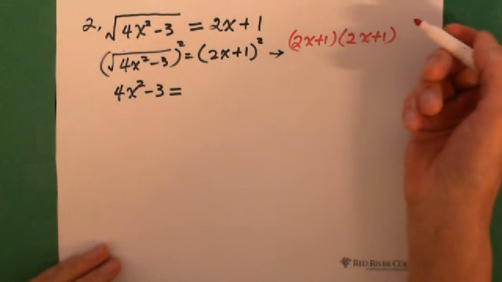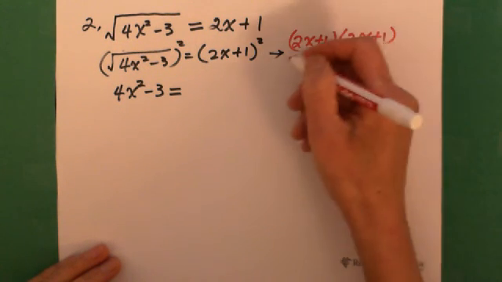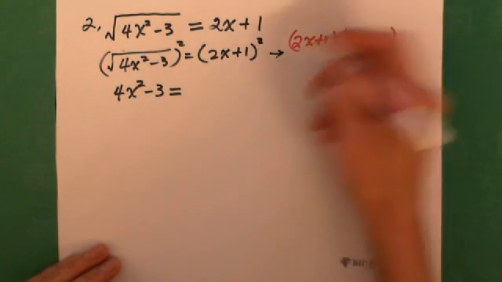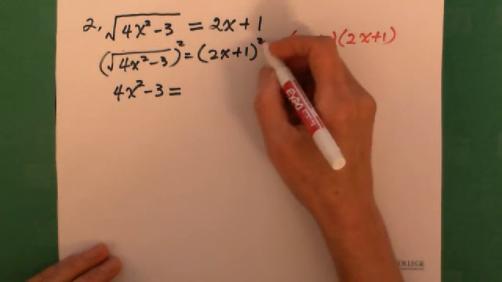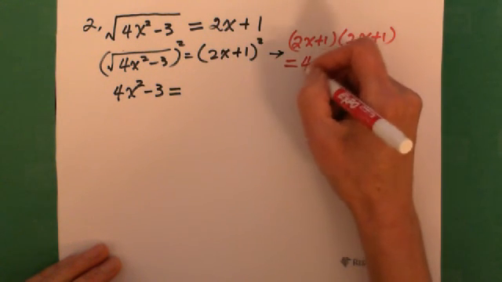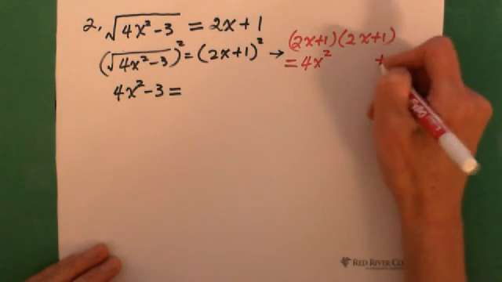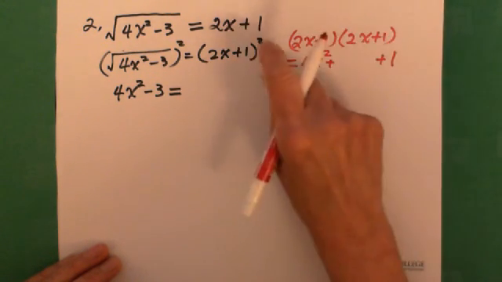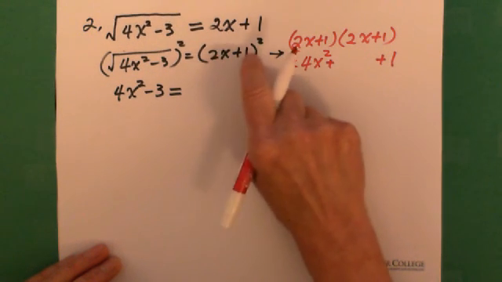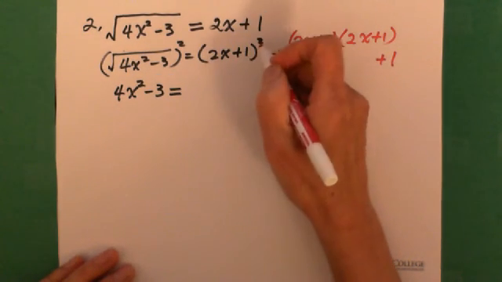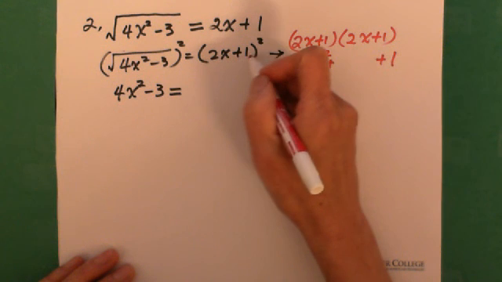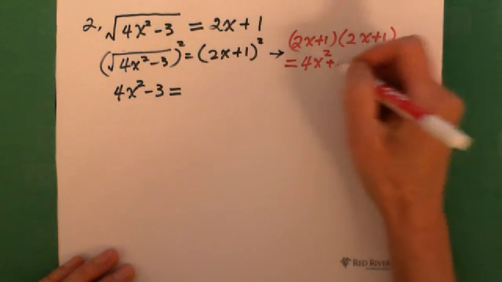So you can use the shortcut formula to make it faster. Square the first term, you get 4x squared. Square the second term, you get 1. The middle term is 2 multiplied by 2x multiplied by 1, which is 4x.